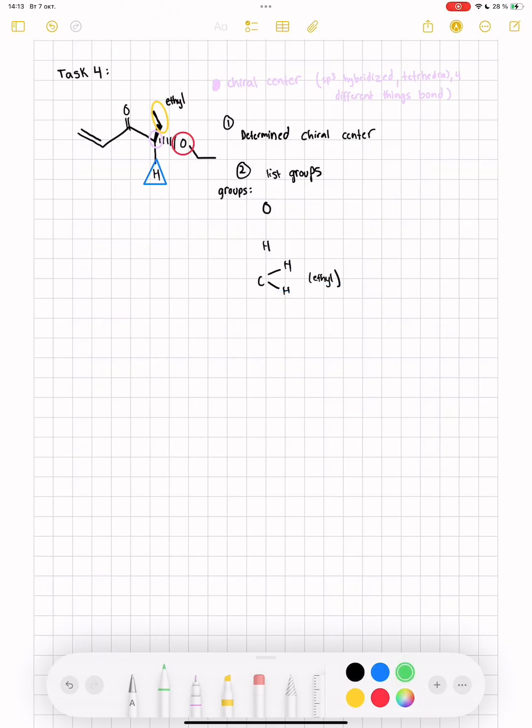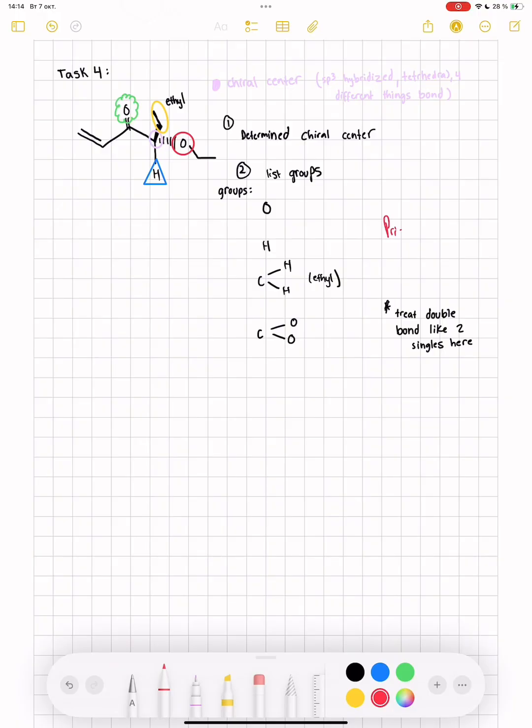Okay, now for our final group, we have this oxygen, the carbonyl, C double bond O. So we're going to draw that carbon because that's what's attached to the middle, and we are going to treat the double bond as 2 singles. For our case, just treat it as 2 singles. You'll just see it a lot better. So these are our groups.